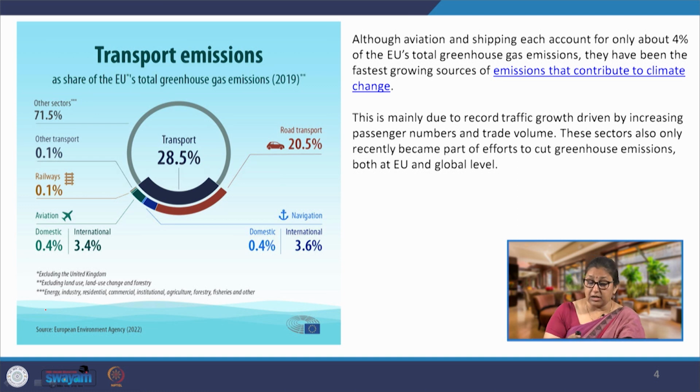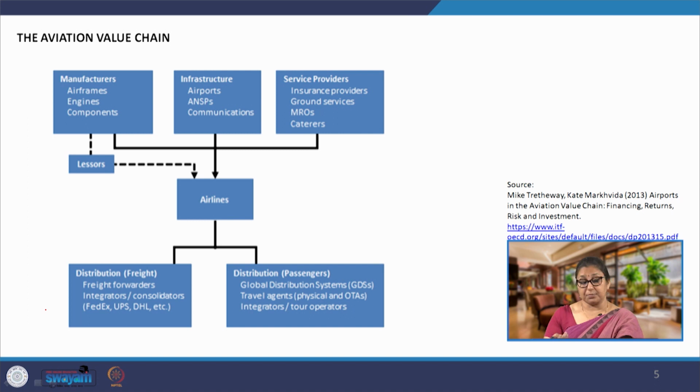Also understanding that gradually more and more people are traveling by air. Air travel is becoming easier and affordable, and that is why there is a shift of people traveling using other modes to the aviation sector, and that is the reason why we are looking at airports today.